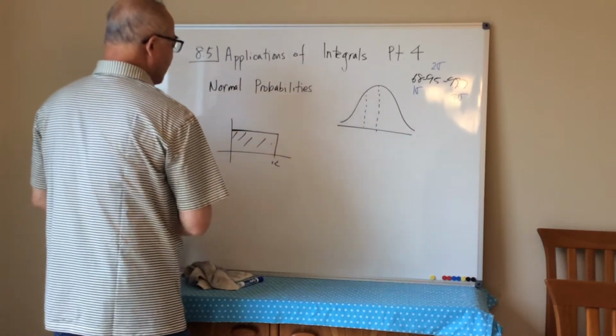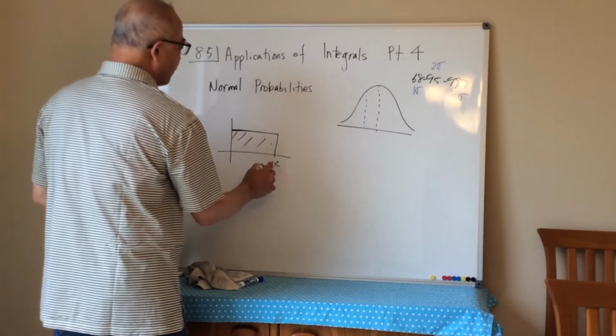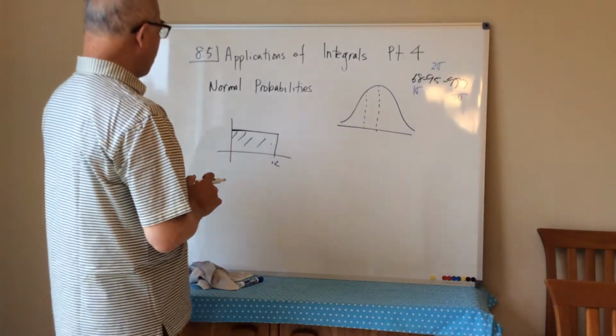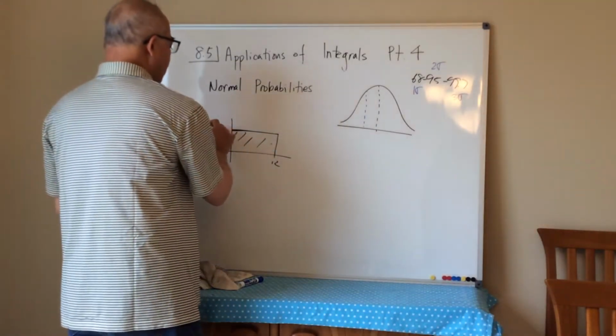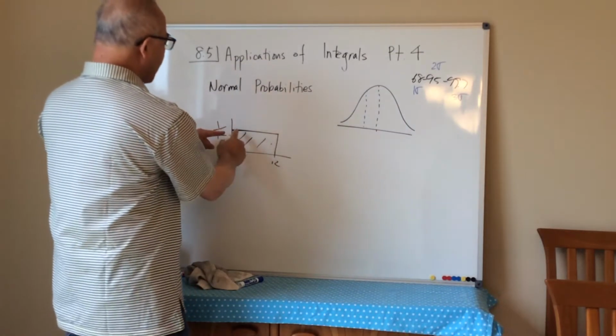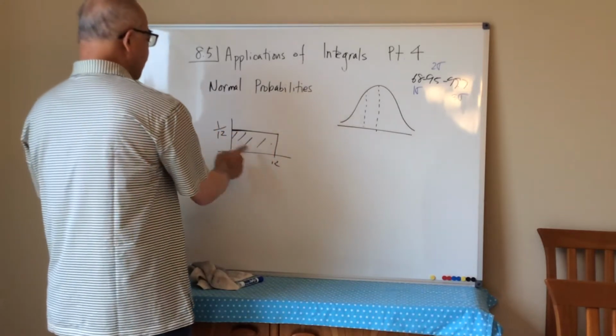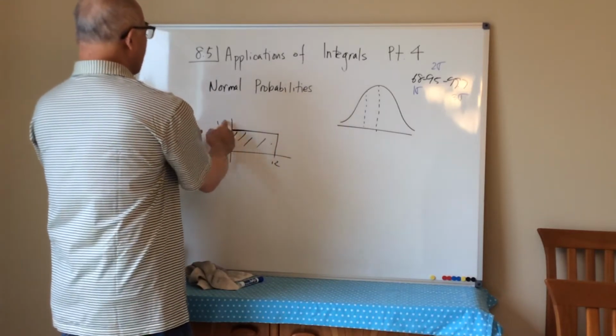So each part is going to be what? We're going to have 12 over 24, right? So this is going to be 1 over 12, because the area under this curve has to be 1. So if this is 12, this is going to be 1/12.